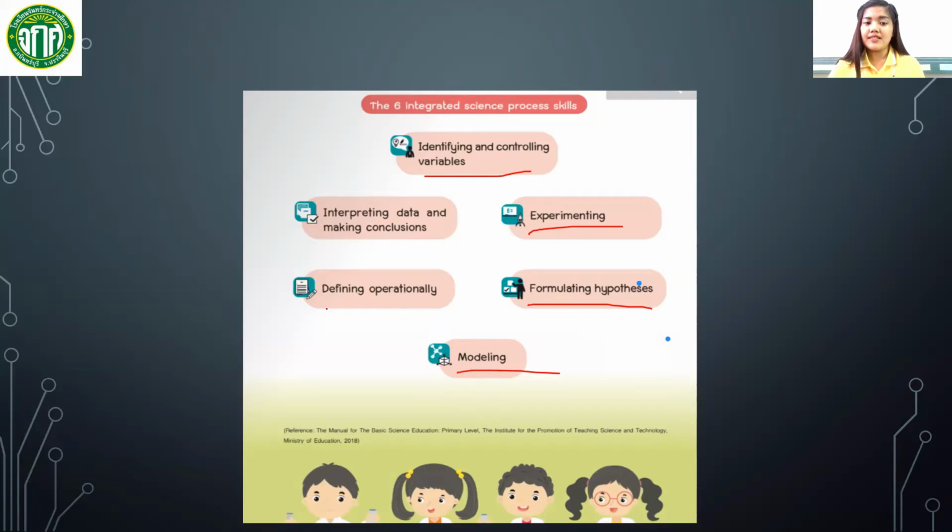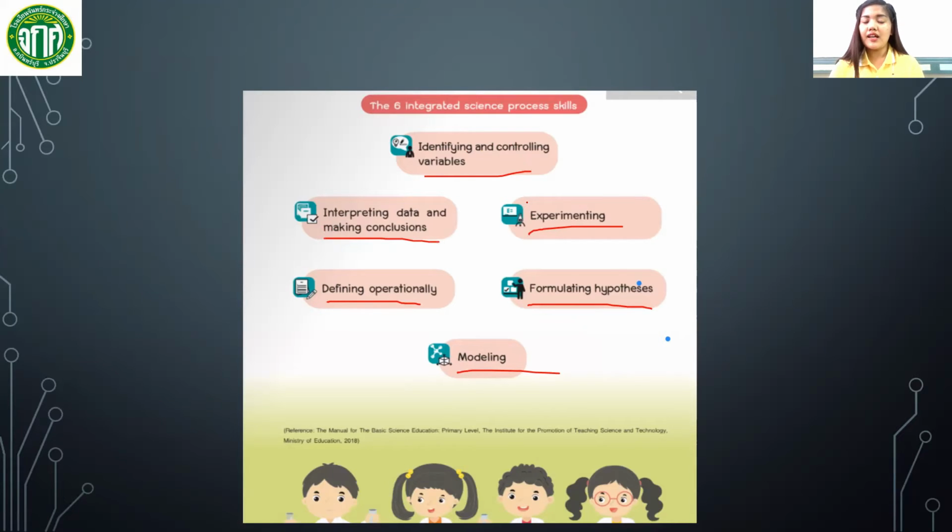The fifth one is defining operationally. And number 6, we have interpreting data and making conclusions. So these are the 6 integrated science process skills.